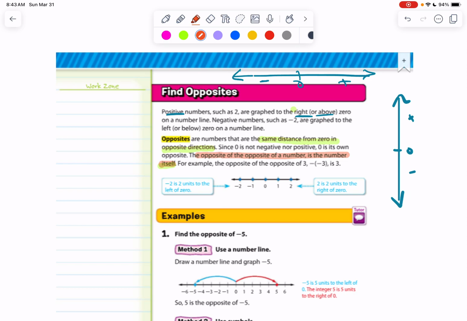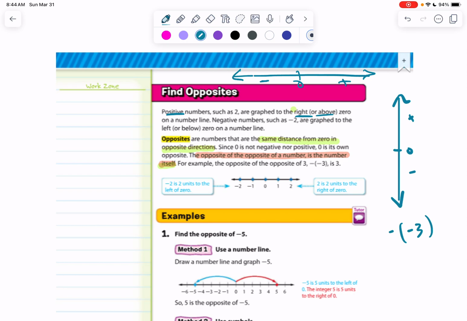So for example, if we asked for the opposite of the opposite of 3, okay? So first we think about the opposite of 3 is negative 3. The opposite of 3 is negative 3, but then if we want the opposite of that, that's 3. Okay?